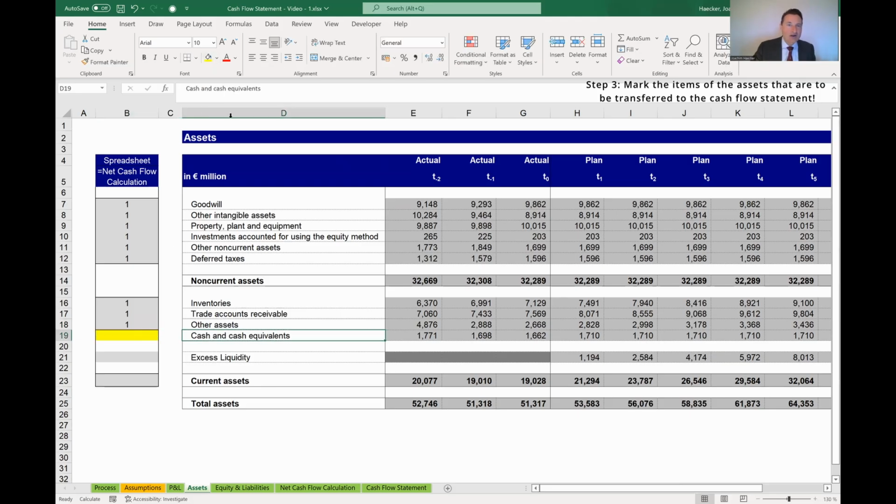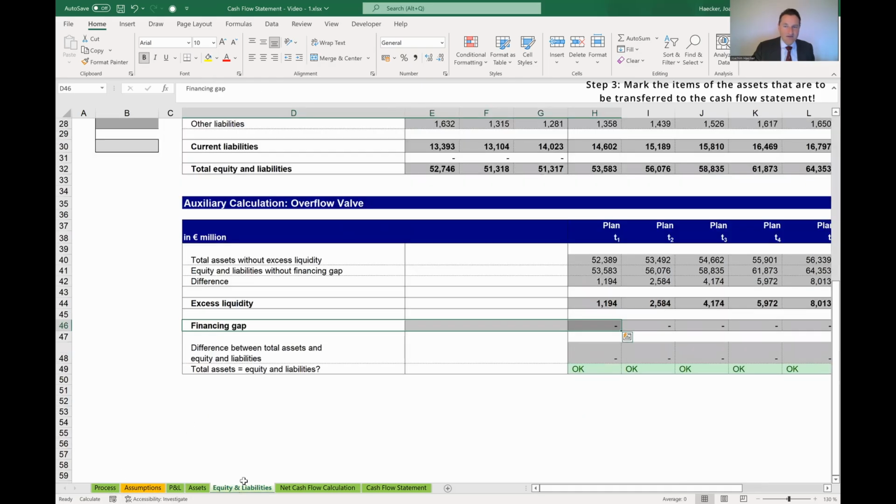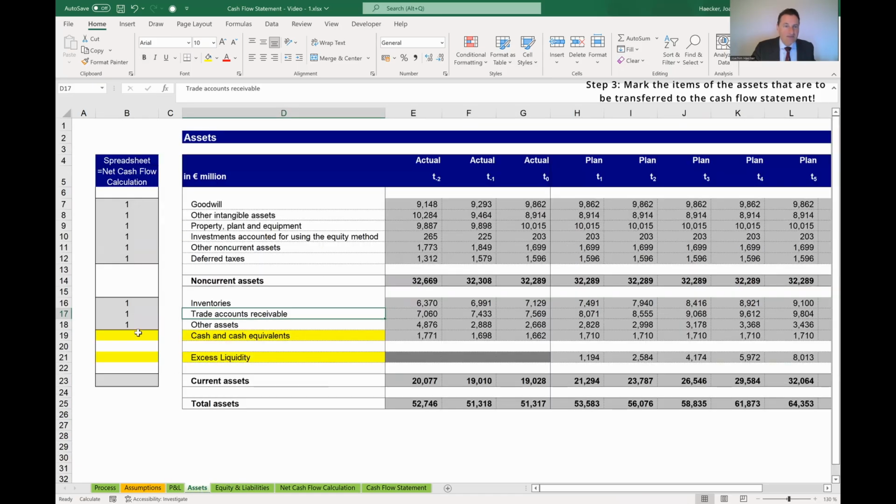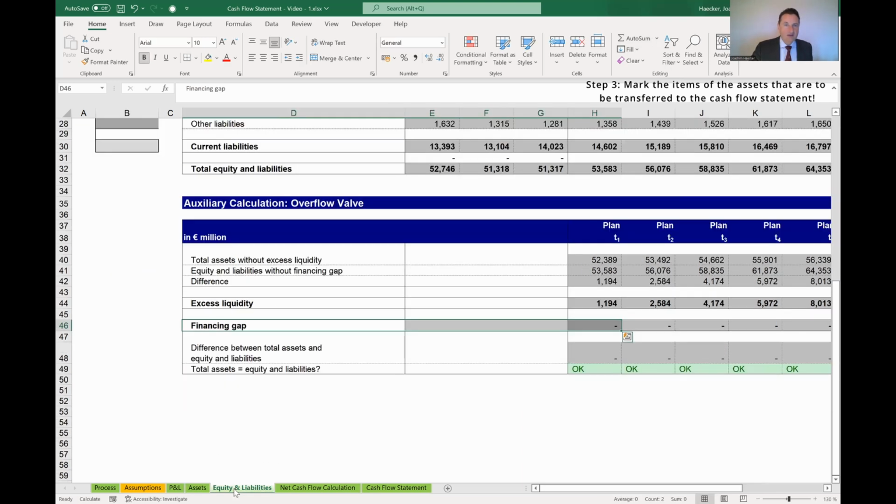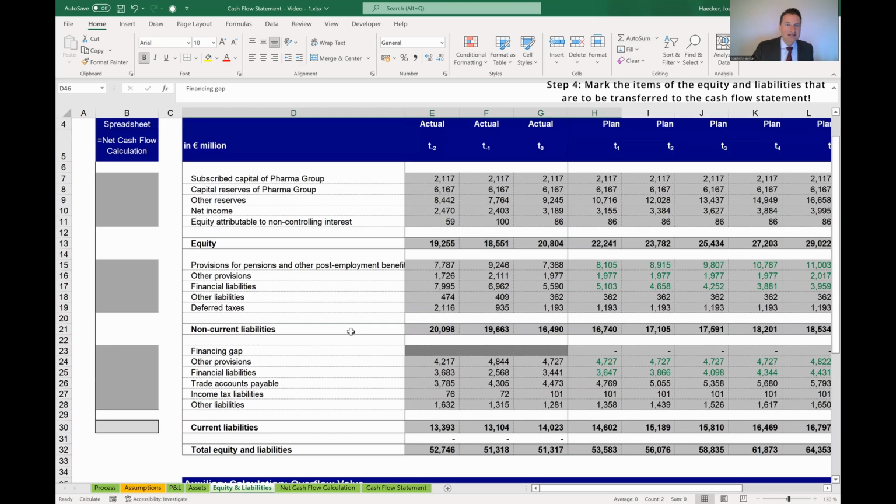However, we do not use the cash and cash equivalents, as well as we do not use the excess liquidity, because as we pointed out earlier, we're using that as an overflow valve to make sure the balance is balancing. So how many positions did we use? We used 9 positions.